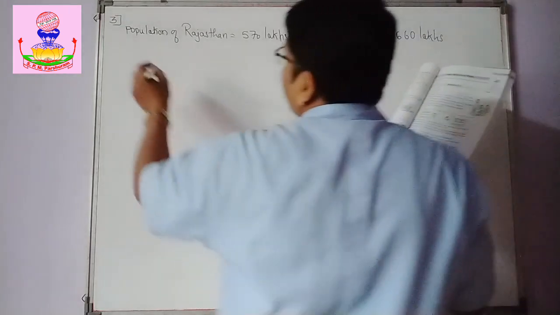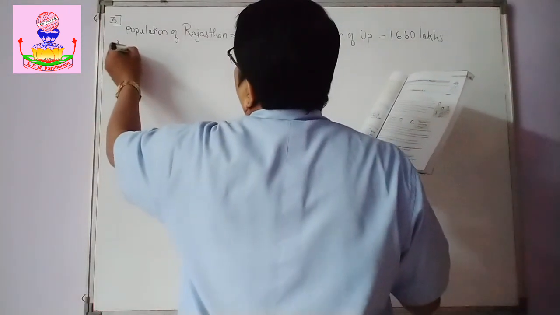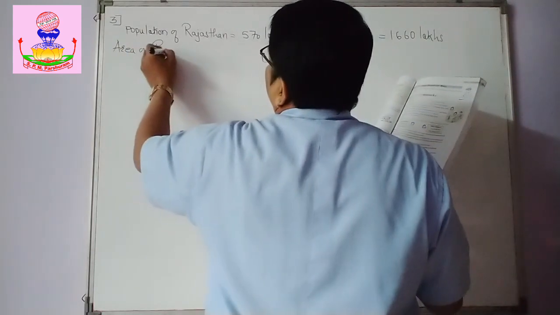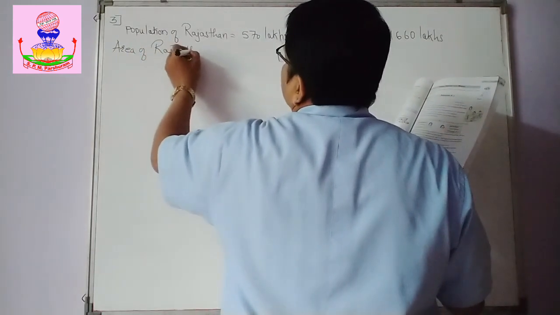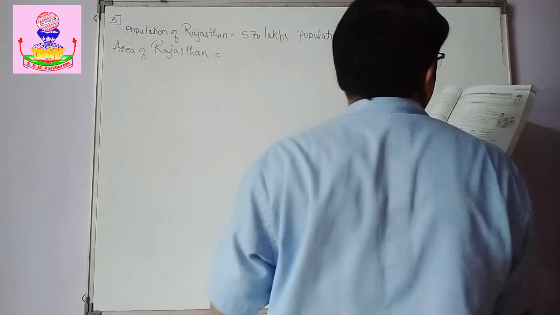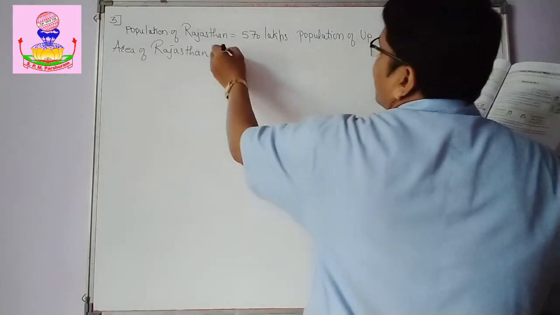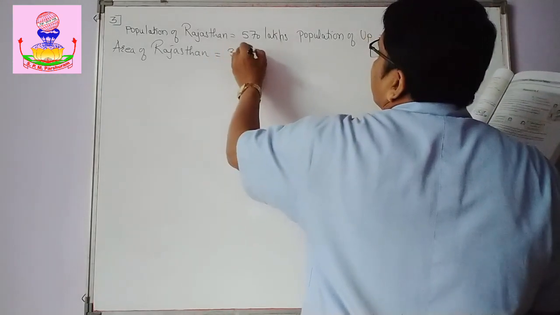And area of Rajasthan, how much is it? 3 lakh kilometers square.